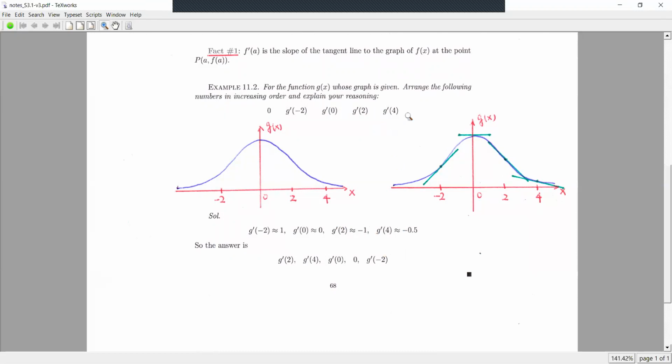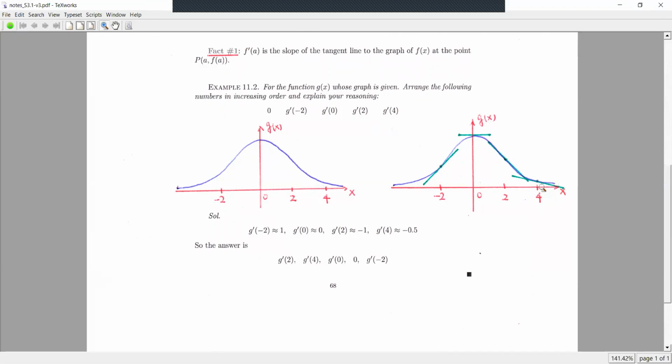Now, this derivative at 4. According to this fact, the derivative at 4 is the slope of the tangent line at 4. So I draw the tangent line at the point 4. Then take a guess on the slope of this line.